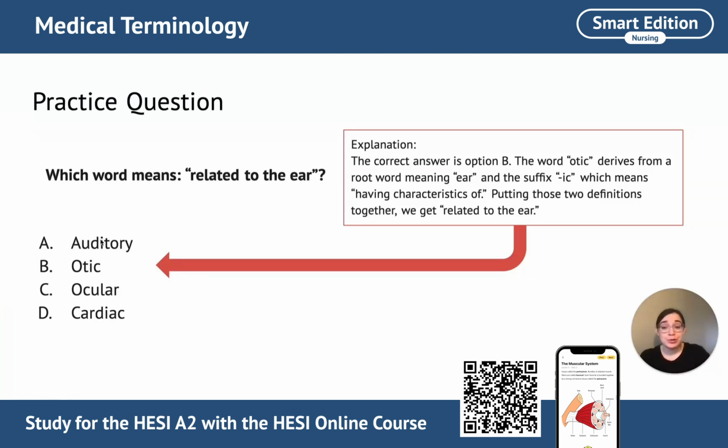So similar to, but it does not have the same definition. Instead, it's referring to hearing. The word ocular refers to the eye, and the word cardiac refers to the heart, so different body parts entirely. So A, C, and D are incorrect. B is our best answer.